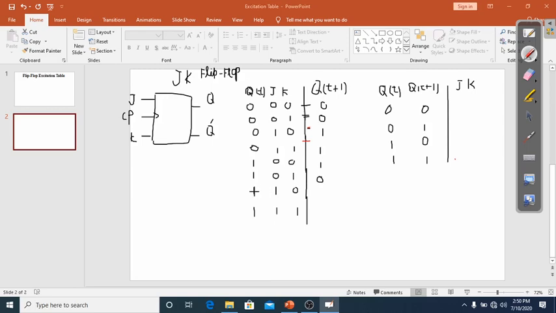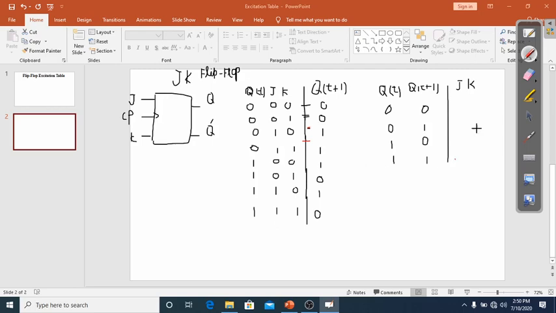So here present state is equal to 1, J is equal to 1, K is equal to 0, so the next state would be 1. When both J and K are equal to 1, the next state would be the complement of present state, so here I will plug in 0.